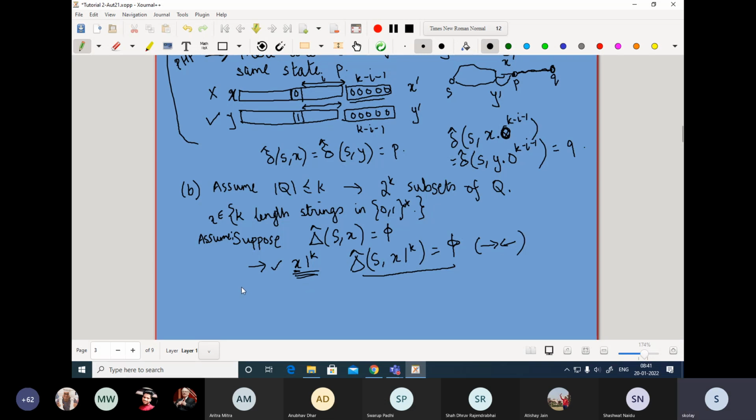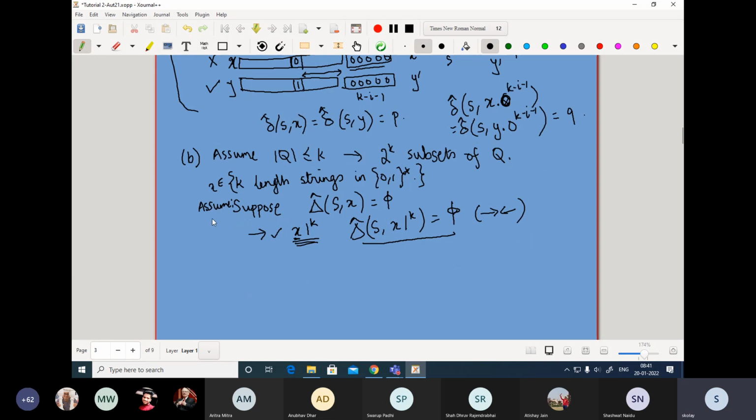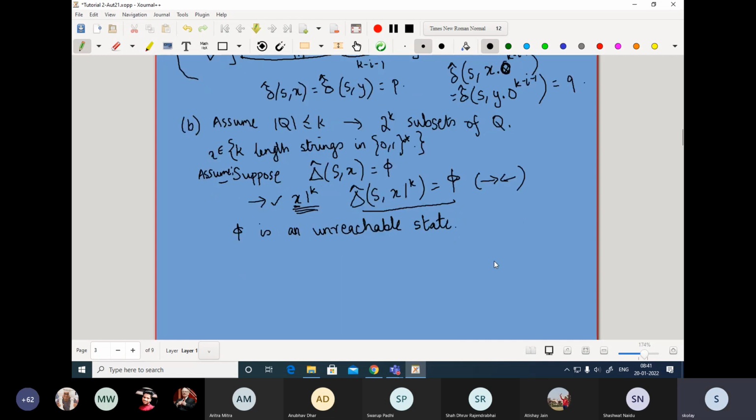Okay, so if we assume this, we know there is a contradiction, which means that phi is an unreachable state, as somebody was pointing out. We have found an unreachable state.